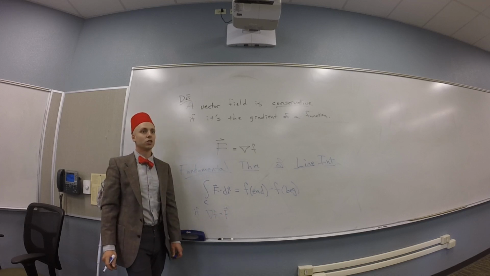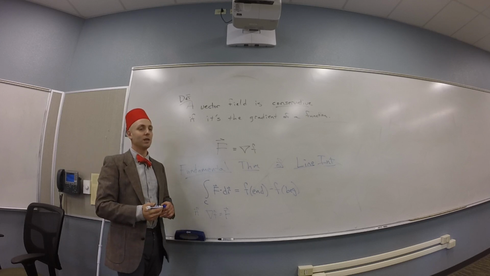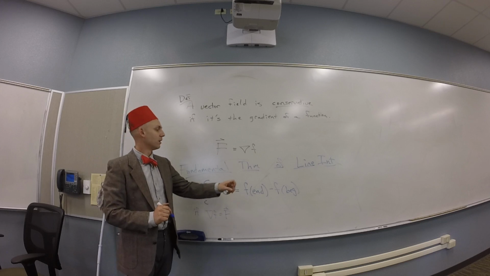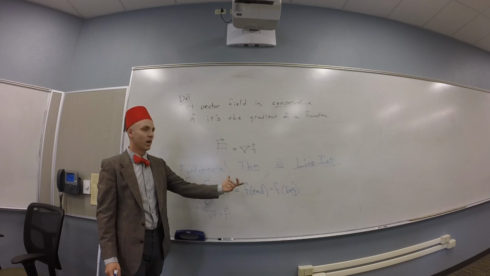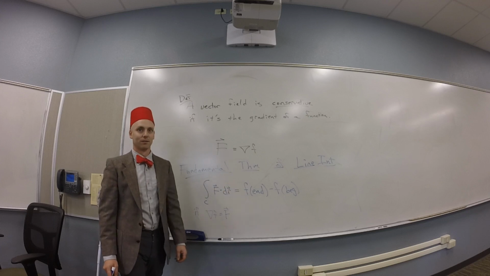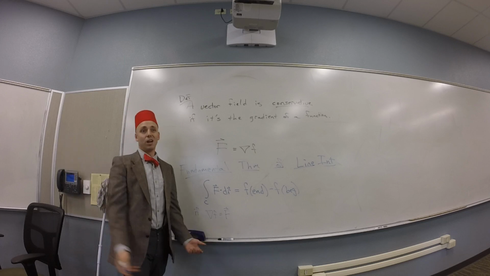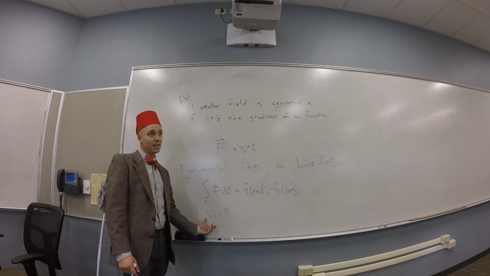You guys see that? So if you can find an antiderivative, your life can be really easy because you just evaluate the function at the beginning of the path and the end of the path and subtract in the appropriate order. It might be as simple as 3x plus 2y. If you can make this function that has this vector field as a gradient, this is going to be really easy because you don't have to parameterize the path.